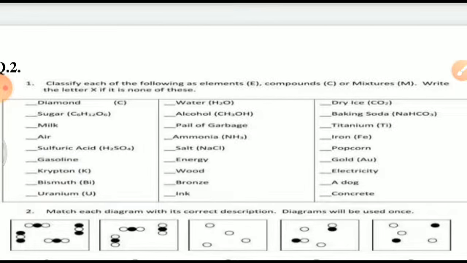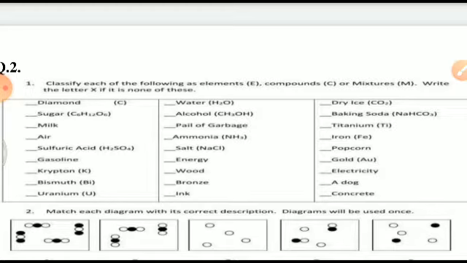Classify each as element, compound and mixtures. Now diamond has to be an element, right? Diamond has to be an element. Now water is a compound.